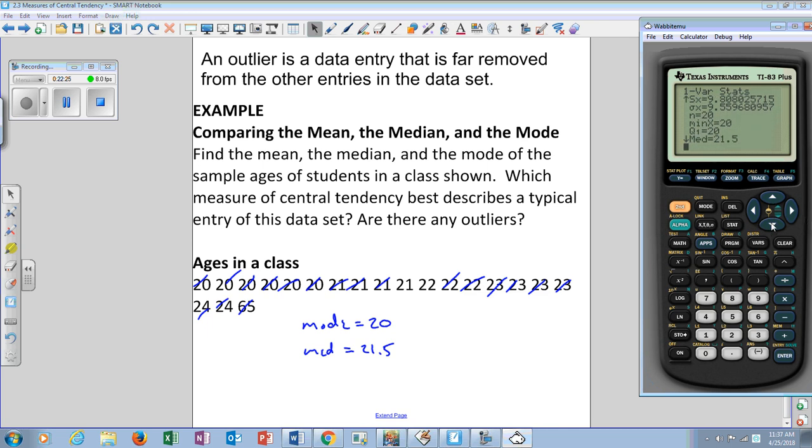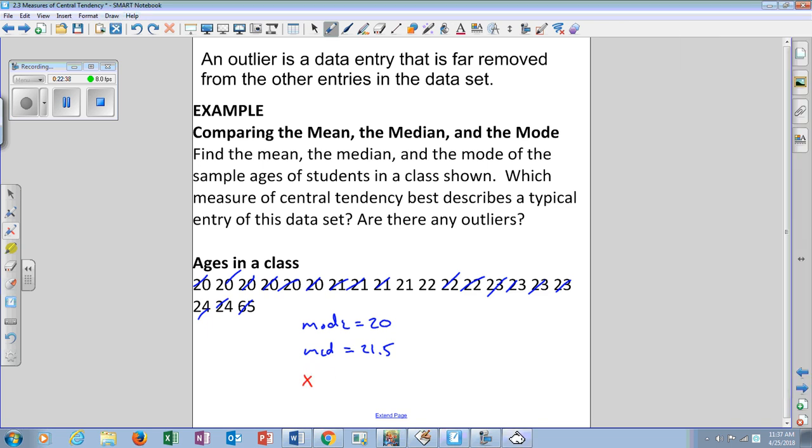Scroll down there. Median's 21.5. And our mean, which was the X bar, is 23.75. Now if you look at the mode and the median, they're pretty close. But the X bar is a little far out.